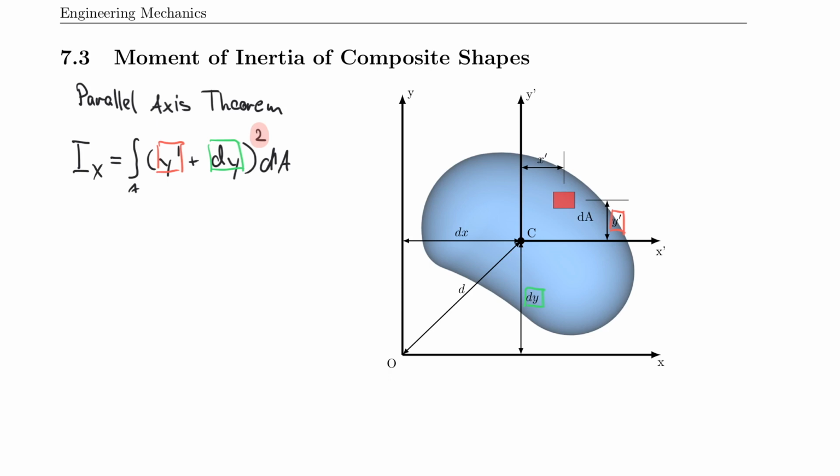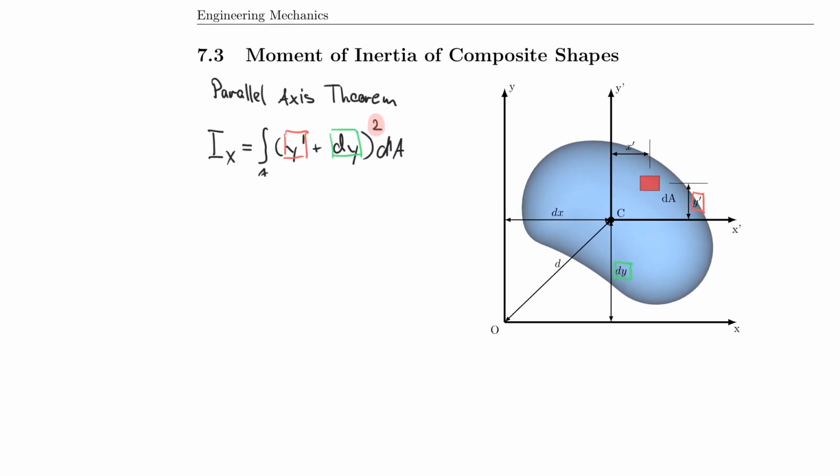Now if I expand this formula, that's my next step, just for you to see how we end up with all this. So now my Ix is the expansion of this entire formula.